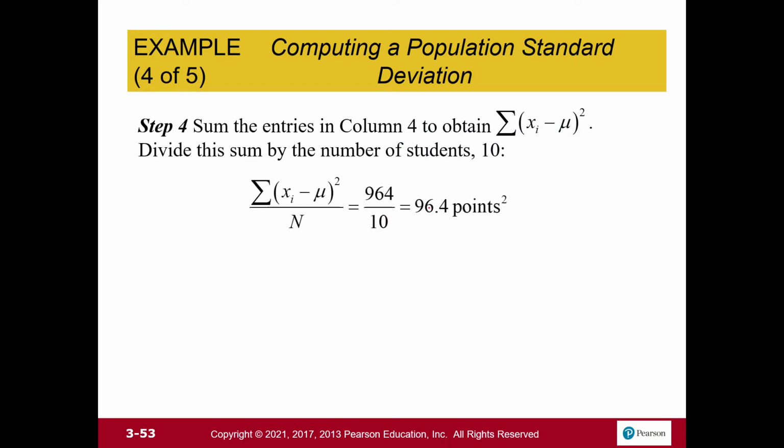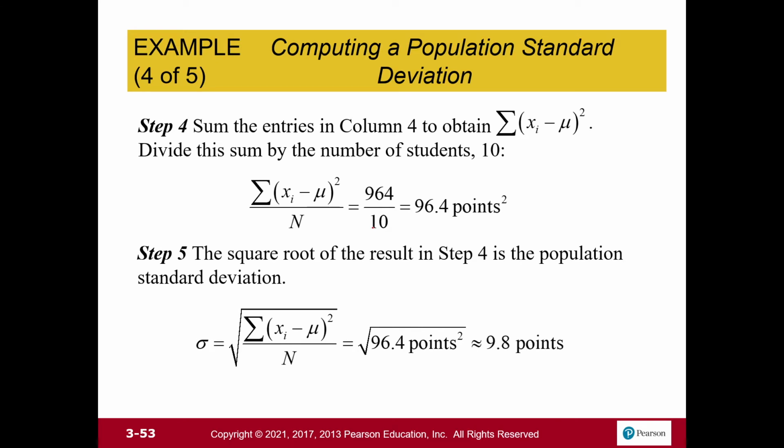So the variance is 96.4. We've calculated the variance, and it turns out that the square root of the variance is the standard deviation. It's 9.8. And the units of the standard deviation are the same units as our data values.